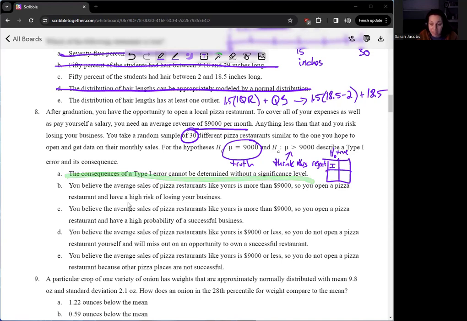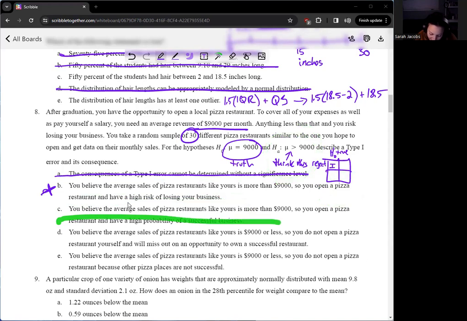No, the probability of the type 1 error cannot be determined without a significance level, but the consequences we can talk about. So type 1 error, you believe the average sales of pizza restaurants like yours is more than 9,000. So you open a pizza restaurant and have a high risk of losing your business. That's pretty good. We think this, but we're skating on thin ice.